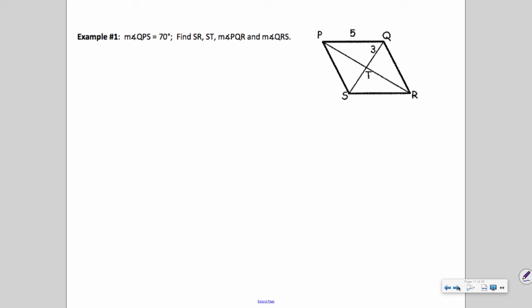Okay, so example 1 says QPS, this angle right here, is 70 degrees. So the other angle I can find is the one immediately across from that. So that would also be 70. So I know that angle QRS, because I have to use 3 letters in this, is 70 degrees.